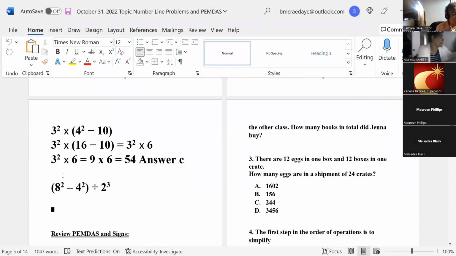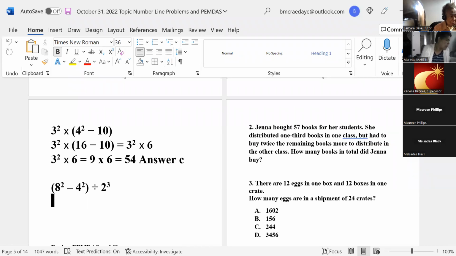Here it is: 8 to the second power minus 4 to the second divided by 2 to the third. So what do you do first, Mercedes? You're going to do what's in the parentheses. Okay, so what do you get when you do the parentheses? 8 to the second, you're going to say 8 times 8, and that is 64.